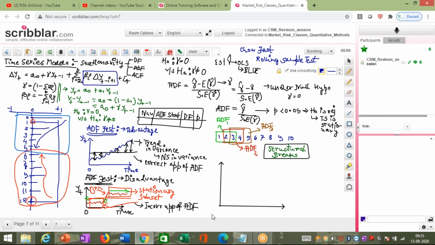So this is the axis of origin. This is time, and this is the variable yt, whatever variable it is.